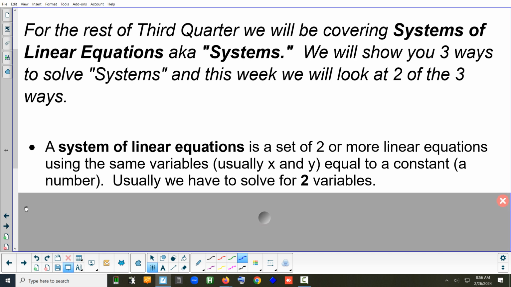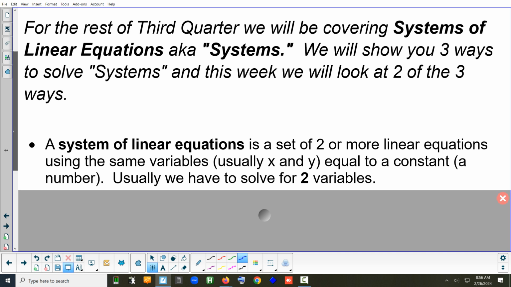And the goal when you're solving a system isn't just to find one answer. You have to find two answers. Okay? Now it says that a system can have two or more. We don't do or more. Okay, we're going to stick with just two. But three, solving for three letters at the same time, that's pretty common. But two is what we're going to stick with.